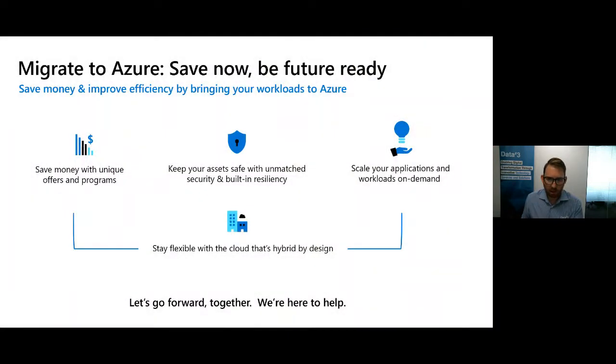So migrating to Azure can be about saving now and being future ready. And you save money through some of the programs that are on offer to you. So that Azure Hybrid Benefit is one of those that allows you to take advantage of the license you've got already committed to and use that when going to cloud.